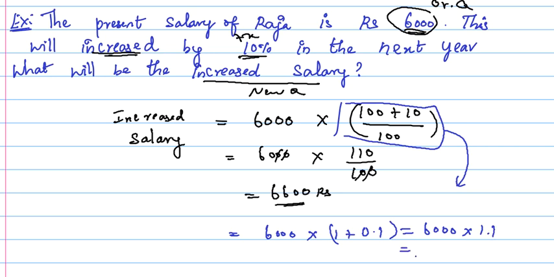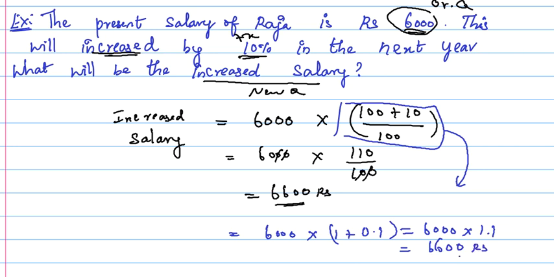After the multiplication, you get 6,600.